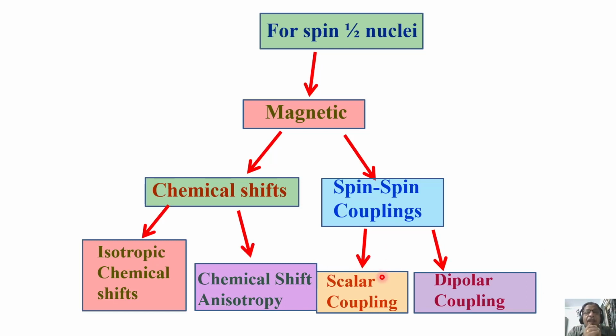But again, it depends upon the state in which we study the NMR, whether it is a liquid state, a solution state, or a solid state of the molecule. What happens if you put the molecule in a solution? Let us say I take some water soluble molecule and dissolve it in water.